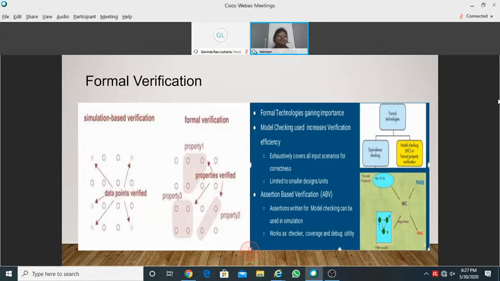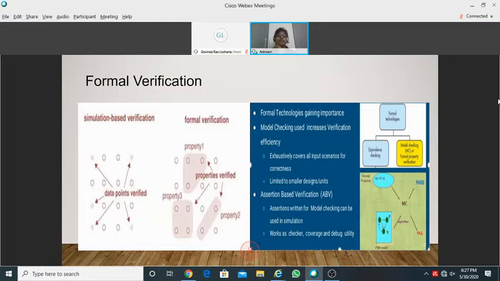But simulation, what it does, as per this picture, is it covers the data points on a scenario basis. For example, specifically, I am going to send data from USB to a memory controller. Then it's fine. You know that scenario, then you verify it.